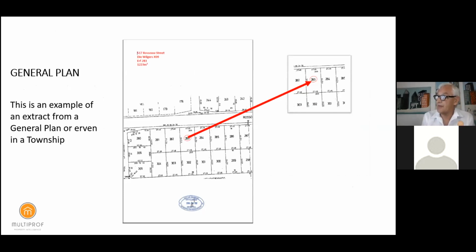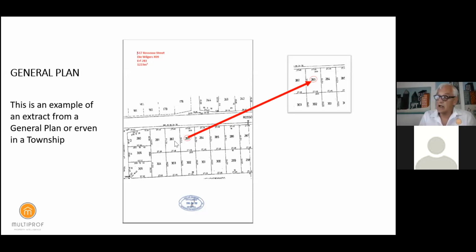Sometimes the information of the surveyor general diagram comes in the form of the general plan of the suburb. Like in this case, we have the Volgers, and your property will form part of the general plan.